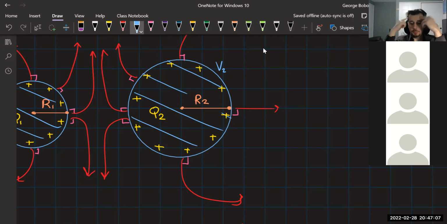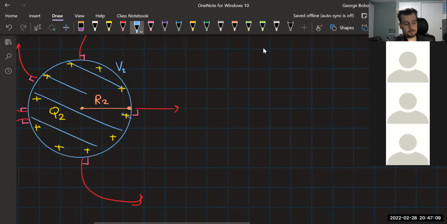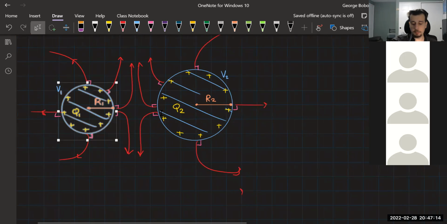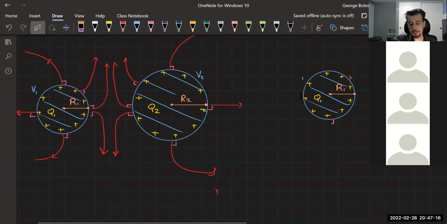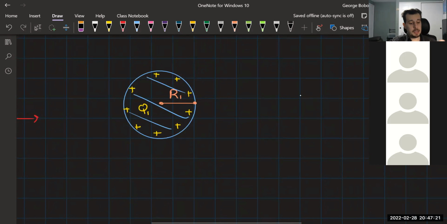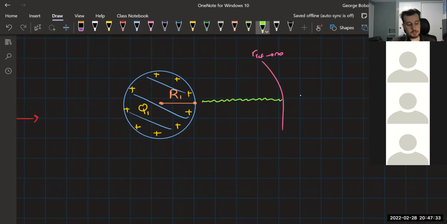What is V1 and V2? You might be wondering. I can do this on the side to refresh your memory. I think of these as isolated, and ask myself, coming in from infinity, how much potential do I gain to come and meet this guy on the surface? I'm only going against this radial electric field.